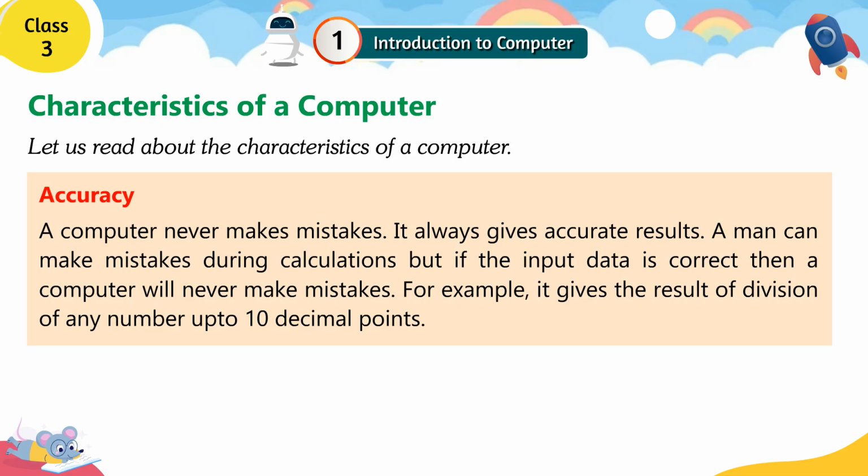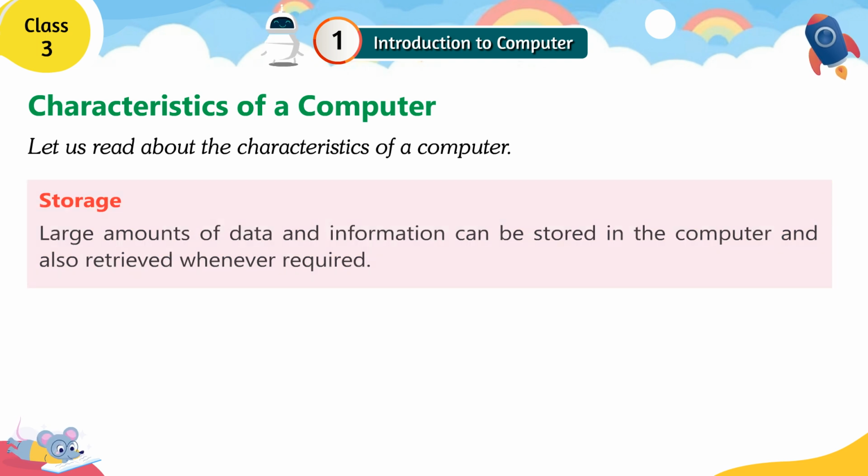Accuracy. A computer never makes mistakes. It always gives accurate results. A man can make mistakes during calculations, but if the input data is correct, then a computer will never make mistakes. For example, it gives the result of division of any number up to 10 decimal points.